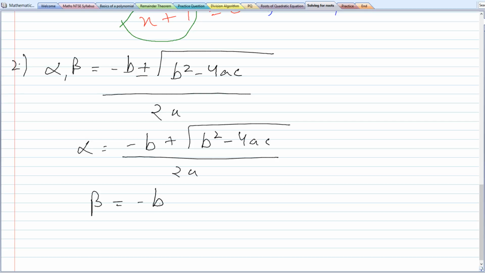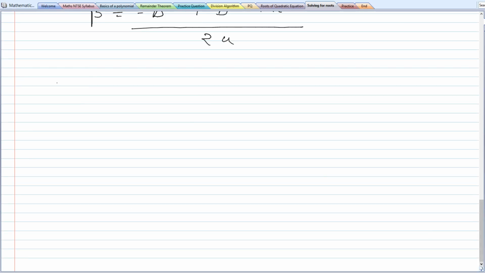Beta is equal to minus b minus root b square minus 4ac upon 2a, where b square minus 4ac is written as d, or discriminant.